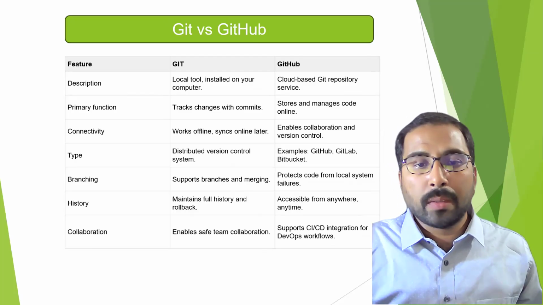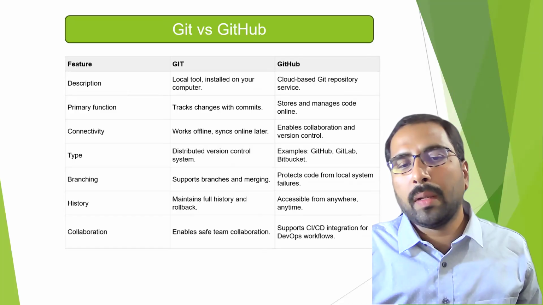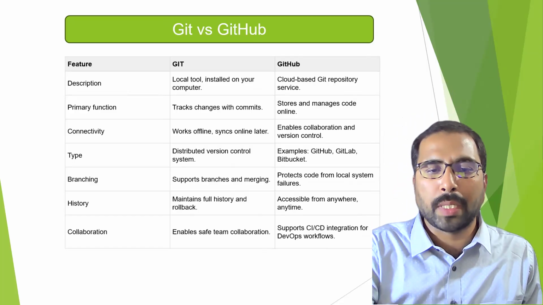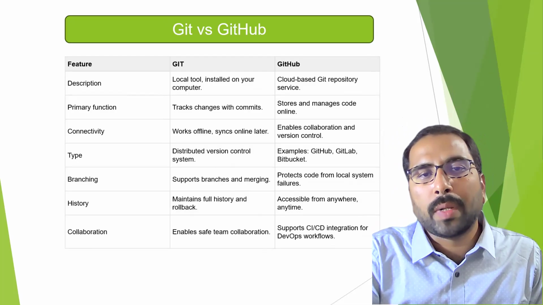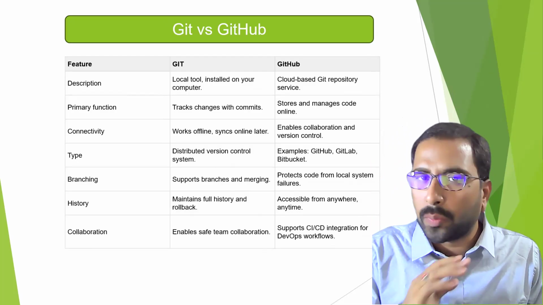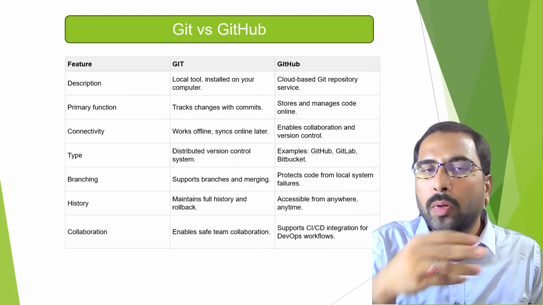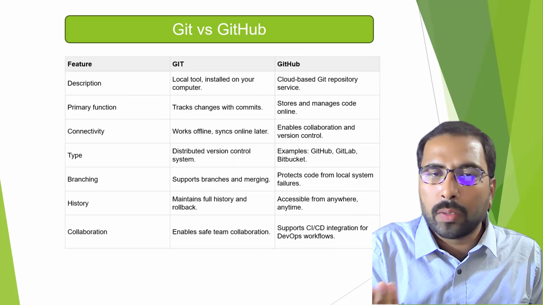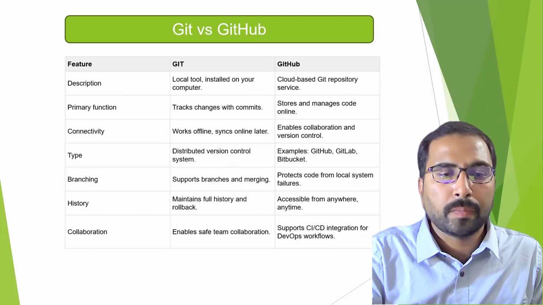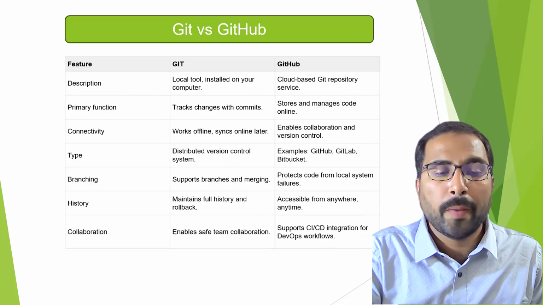So the code is still there in our GitHub repository, the GitHub website. It protects code from local system failures. A developer system crash is no problem, the complete project code is still in GitHub. That's why all over the world, everyone stores code in GitHub, not only on their local machine.